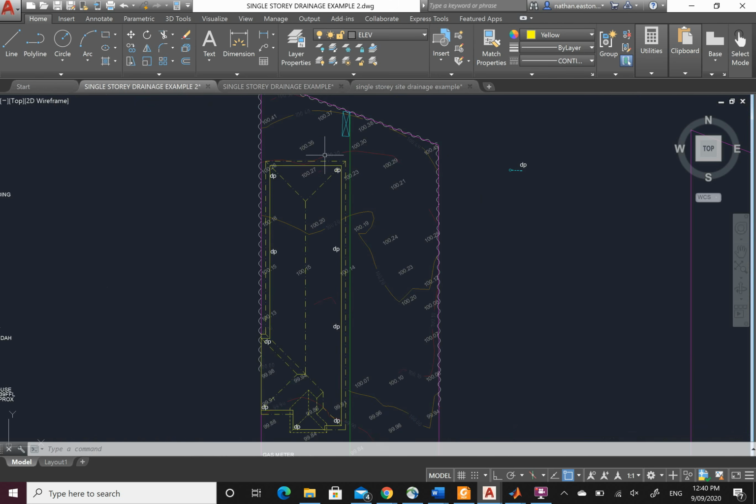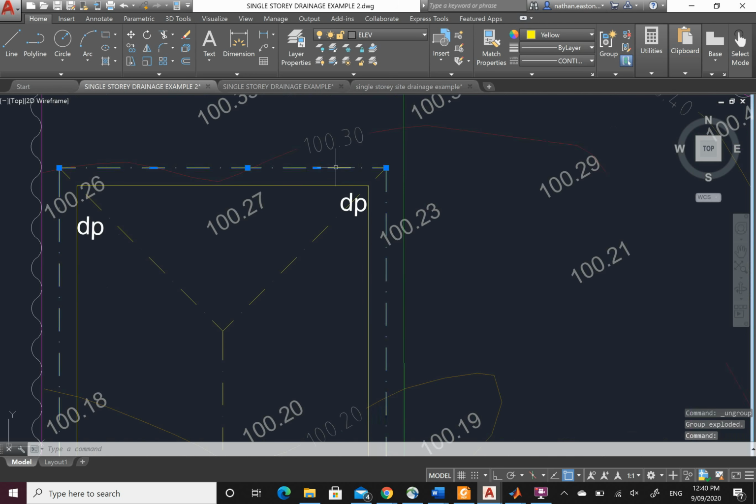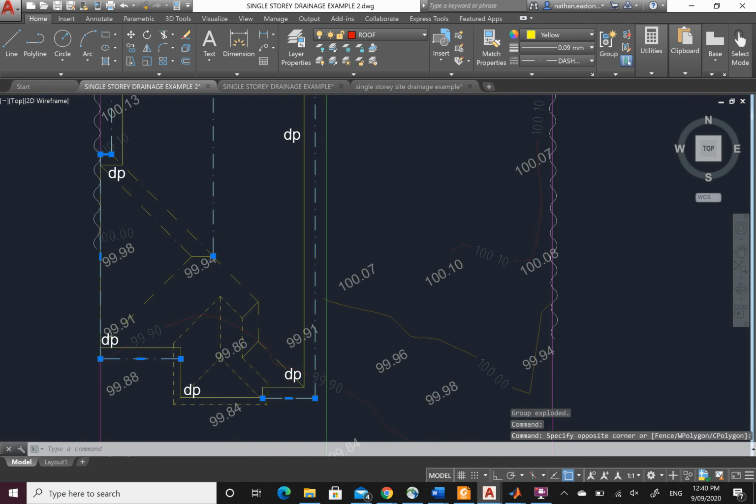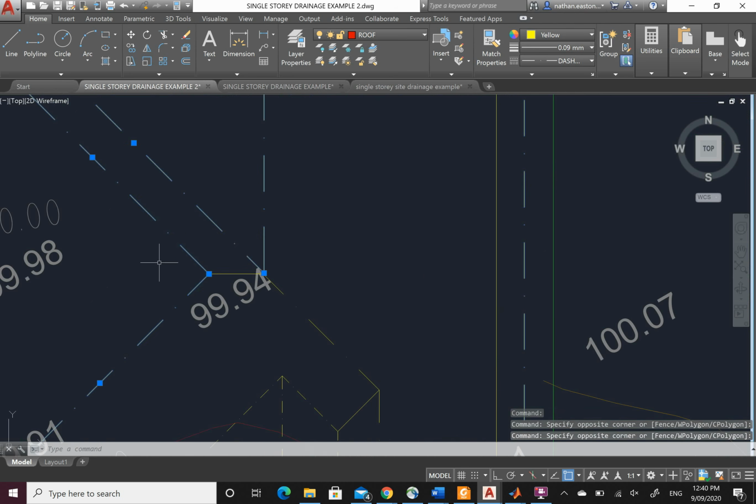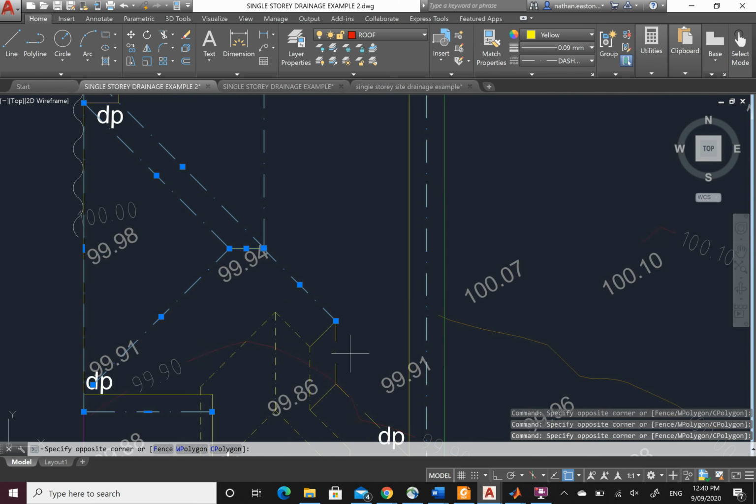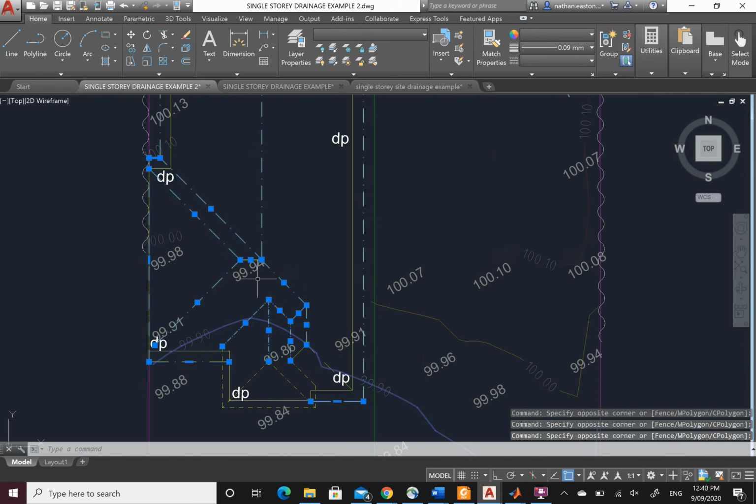Okay, so what I can now do is ungroup this, and I don't need my roof anymore. My roof has been there to guide me for the areas that are going to catch water, but now I don't need it. I'll show you why in a minute.